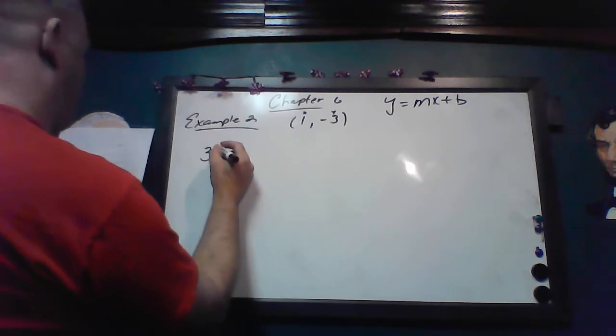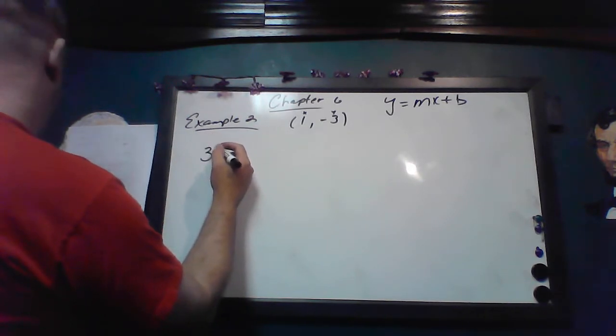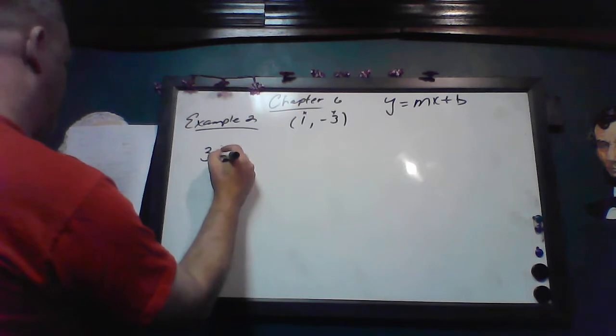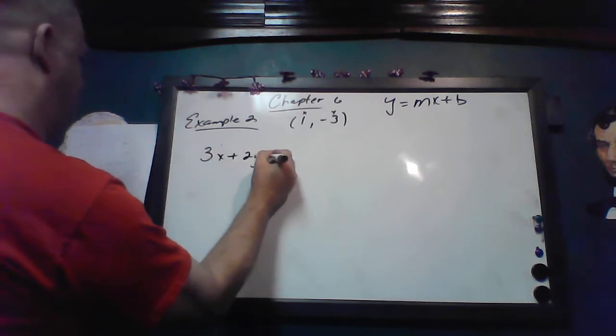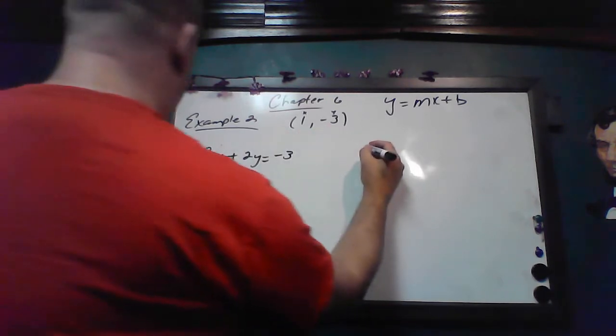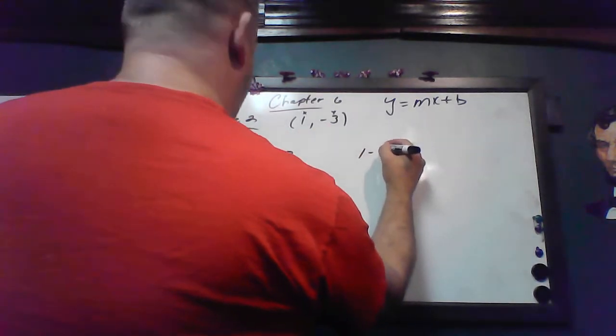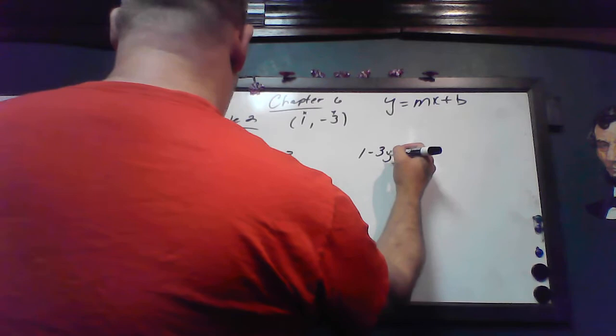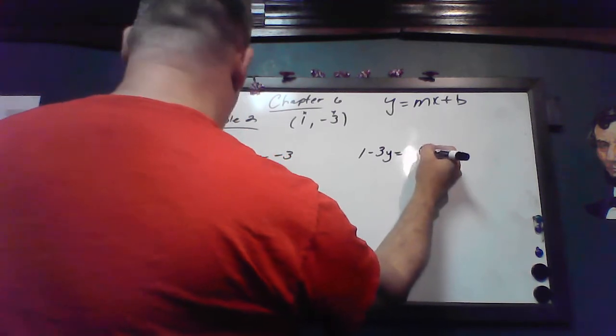Let's do 3x plus 2y equals -3. And also let's do x minus 3y equals -6.